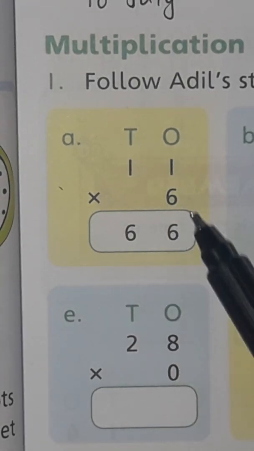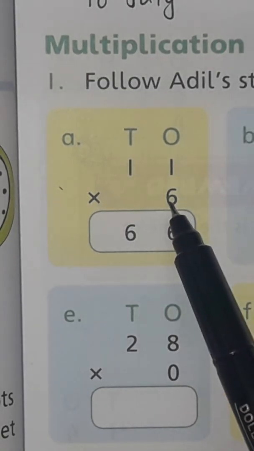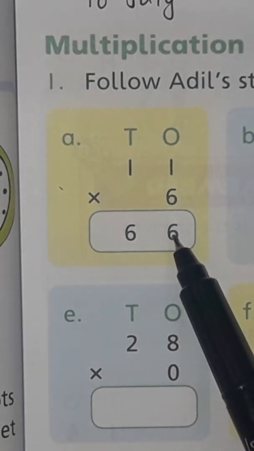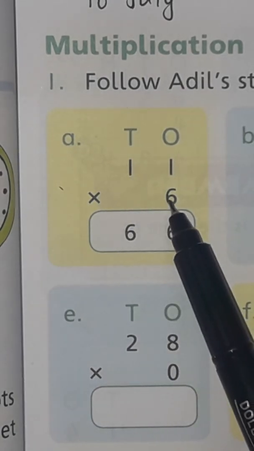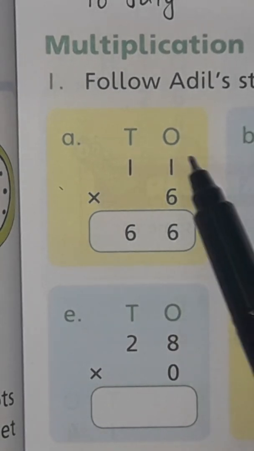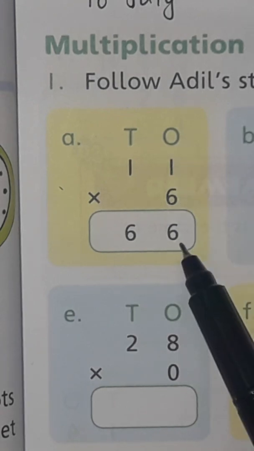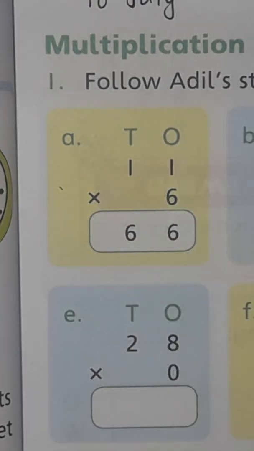First we will solve ones column. 6 ones are 6. Now here 6 ones are 6. 66. Write 6 under ones and write 6 under tens. The answer is 66.